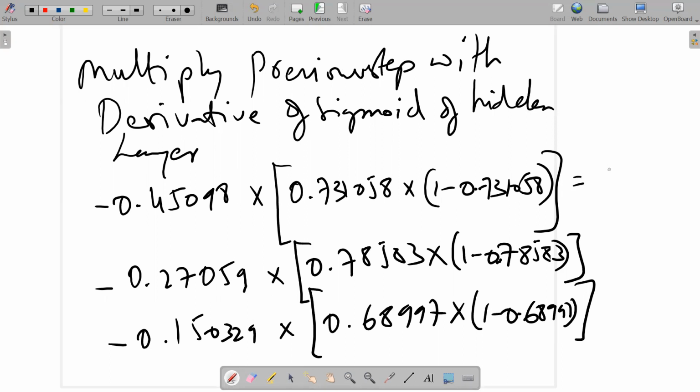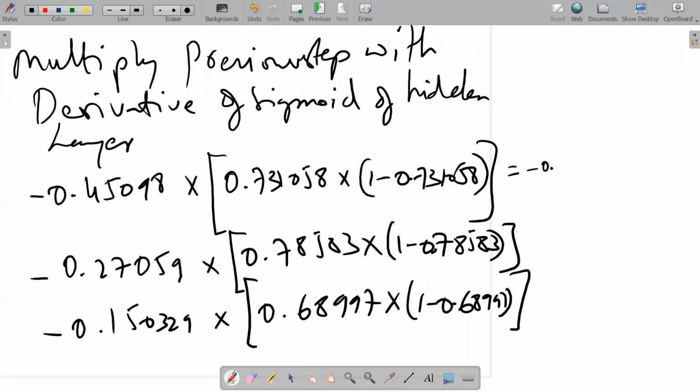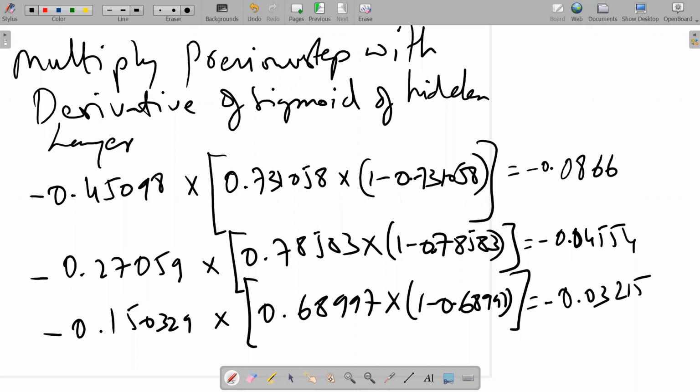So you will get values as minus 0.0866, minus 0.0455, minus 0.03215.